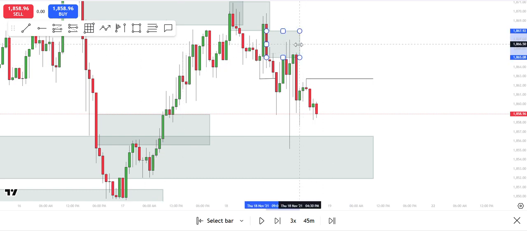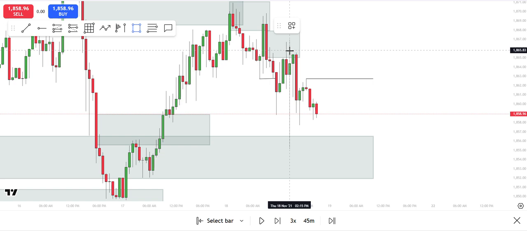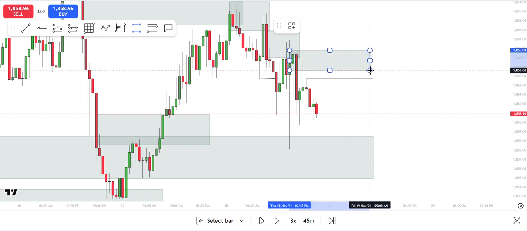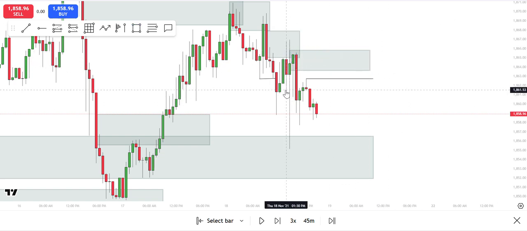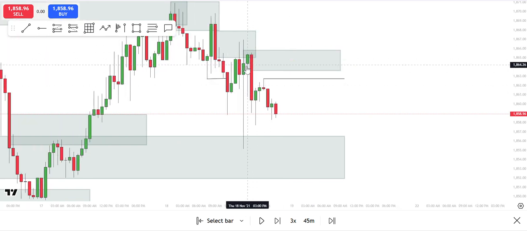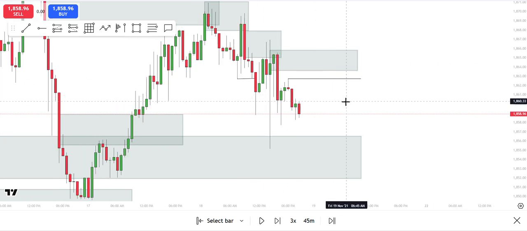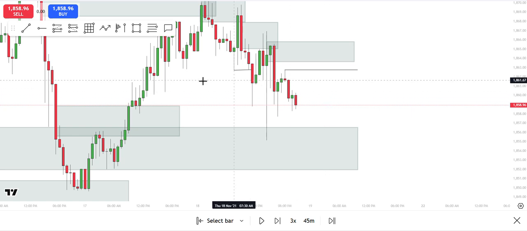And this time around, what we are going to see is this area, because this was where all of the push and rejection and everything happened. So we saw that price was rejecting something, and price was able to come down with this huge candle.